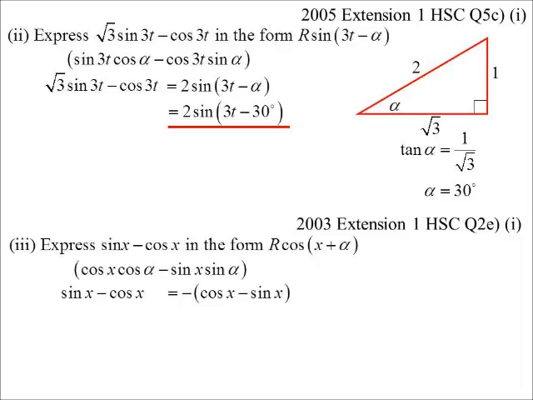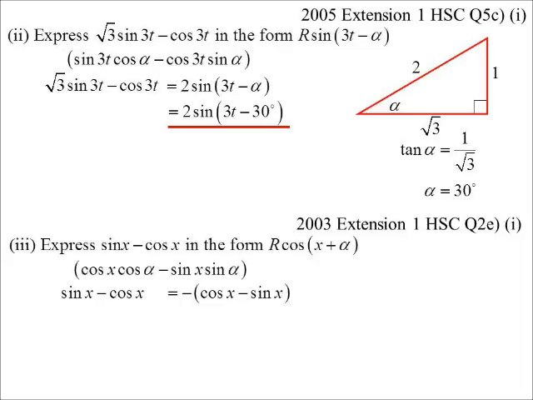We see, look, they've said express sine x minus cos x. So my formula goes cos minus sine. It doesn't go sine minus cos. So I've made it look like what I want by factorising out -1. So I get minus cos x minus sine x, and the cos x minus sine x I can now change.